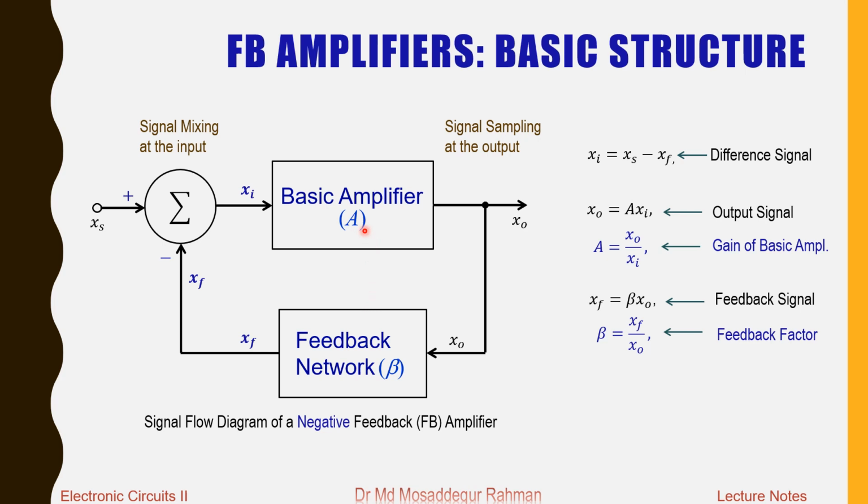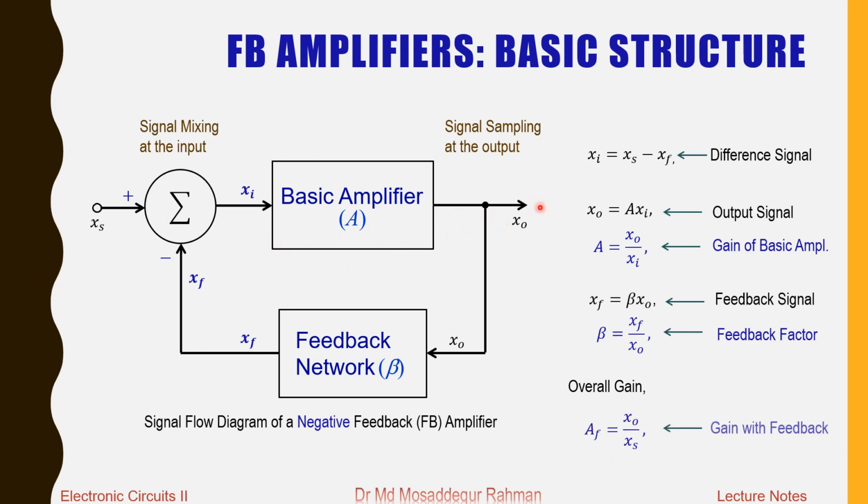You see that one is the gain of the basic amplifier, A, the other is the feedback factor of the feedback network, beta, and the other one we have here is the gain with feedback, the overall gain, that is X0 by Xs.